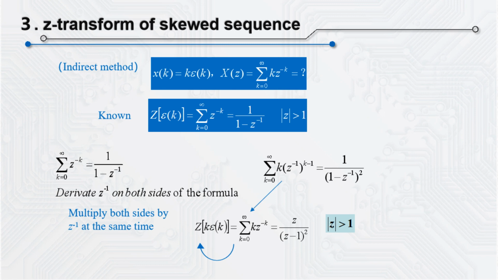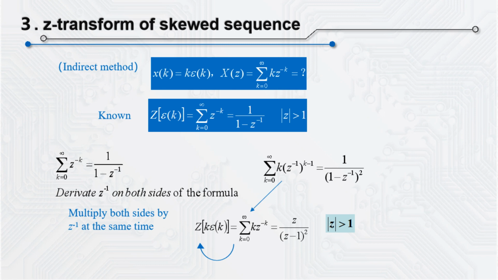The third function is the z transformation of the ramp sequence. Then find the z transform for k epsilon of k.